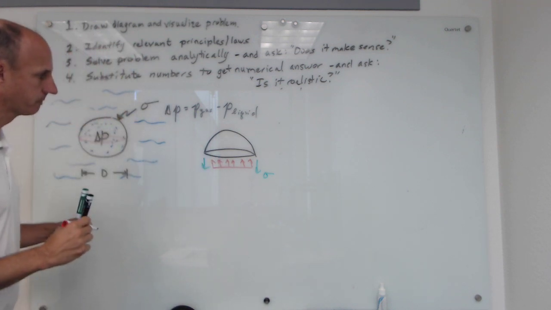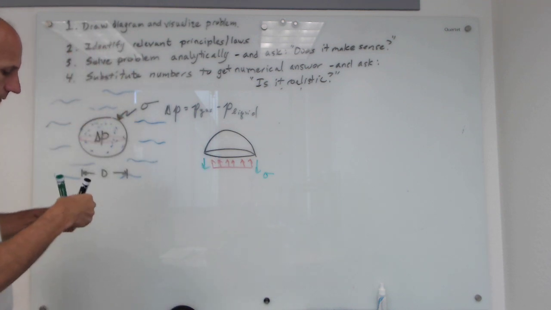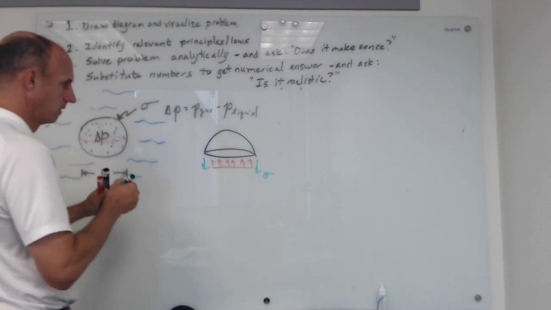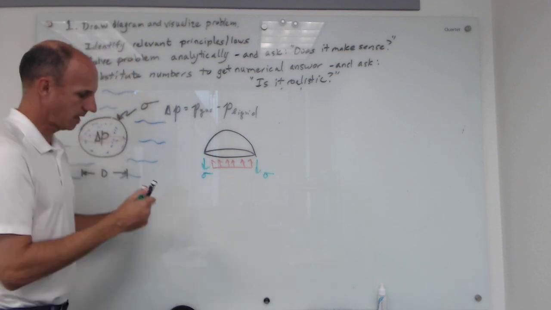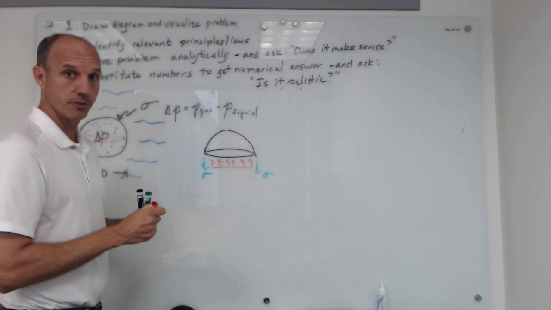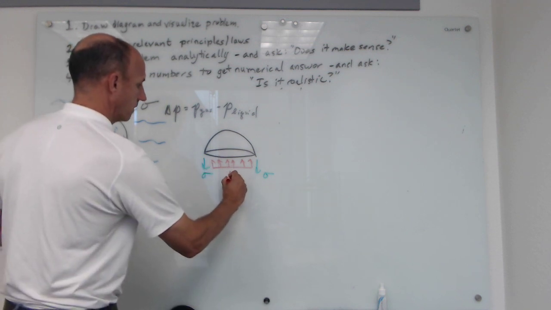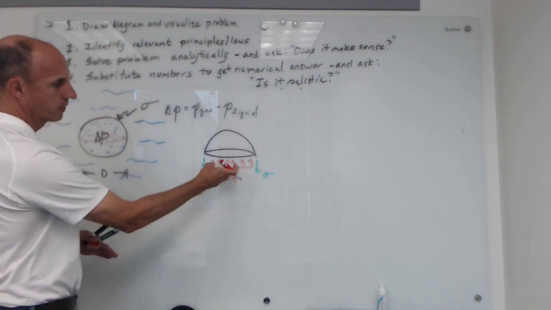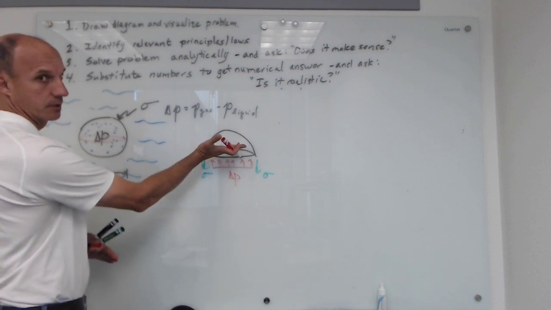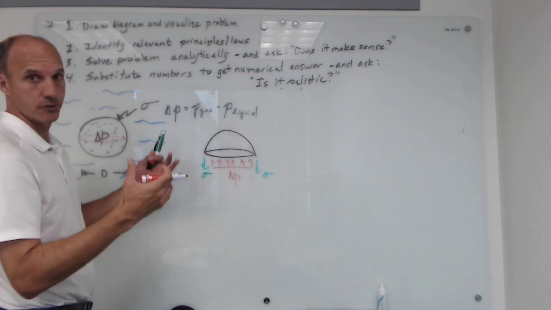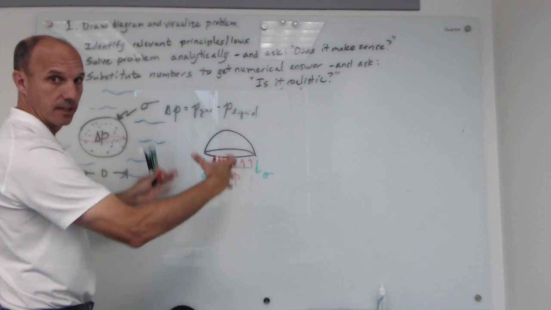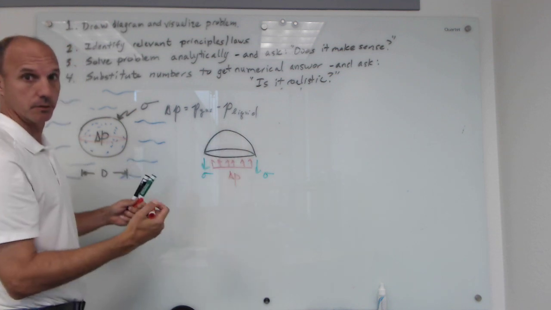Okay? So now we've set up a problem nicely because we have two forces working against each other. We've got the force associated with the fluid pressure pushing upwards into the bubble, and we've got the force associated with surface tension pulling downwards around the perimeter of the bubble.